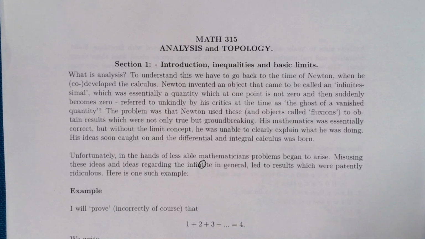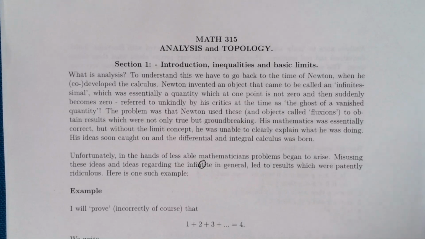So I want to begin with saying a little bit about what exactly is analysis that we're about to undertake. And to understand this, we really have to go back to the time of Isaac Newton, when he developed or co-developed with Leibniz the calculus.